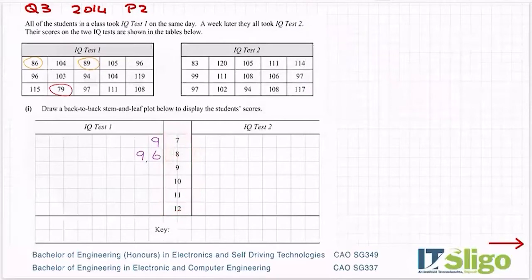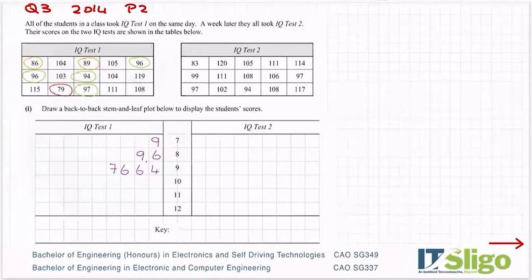Okay, let's go to the 90s. So I have a 96, a 96, a 94, and a 97. Okay, so 94 is the lowest. So the 4 goes in first, 96, and you put it in twice, 97.